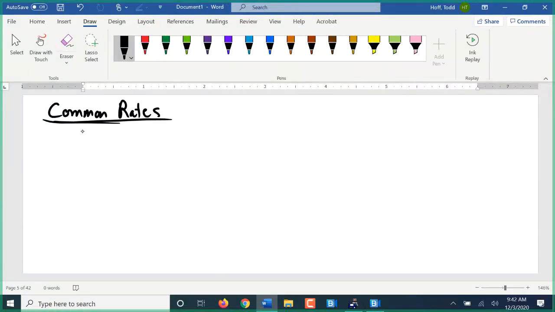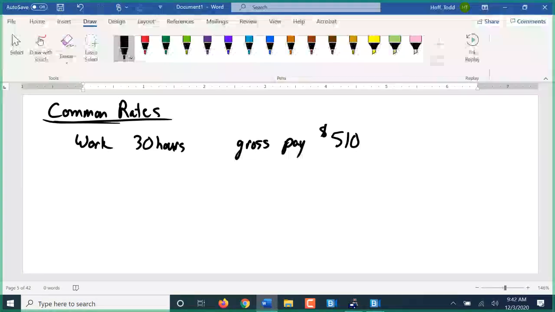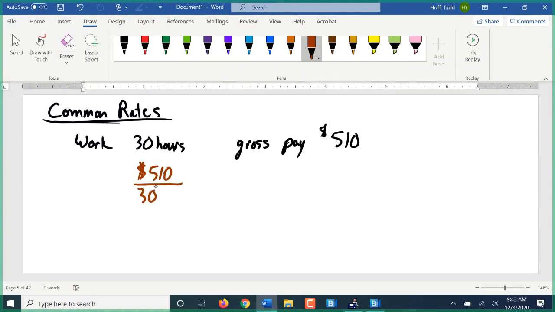Let's say that in a given week you work 30 hours and your gross pay is $510. Well, that is a rate. That's $510. Our label there is the dollars with the dollar sign per 30 hours.